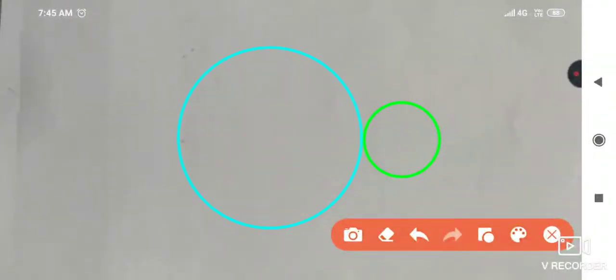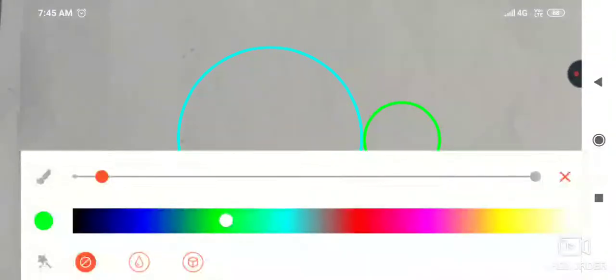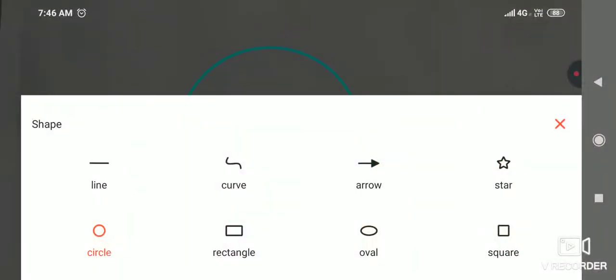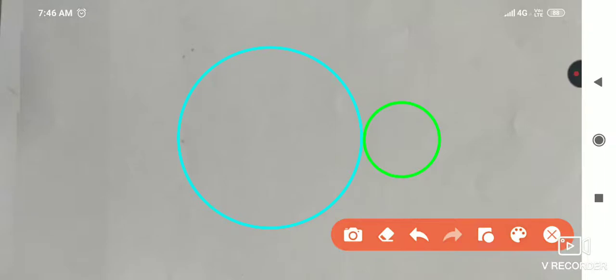This is the other circle with center z, and this is the point of touching to each other, y.